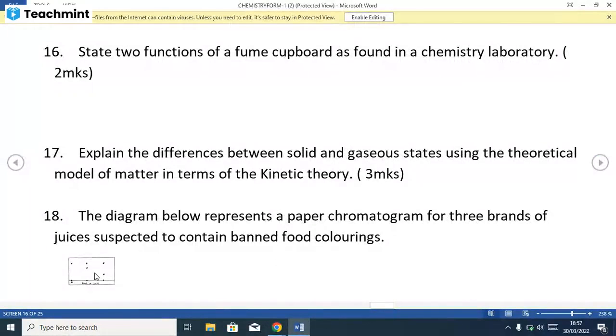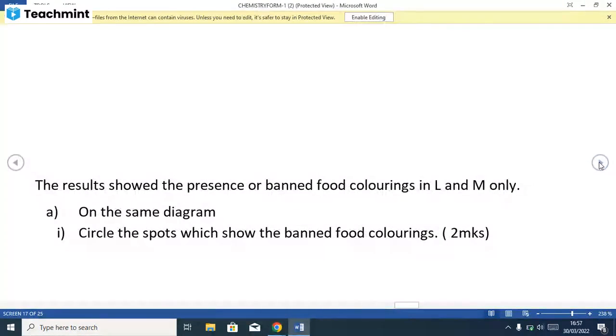The results showed the presence of banned food colorings in L and M only.